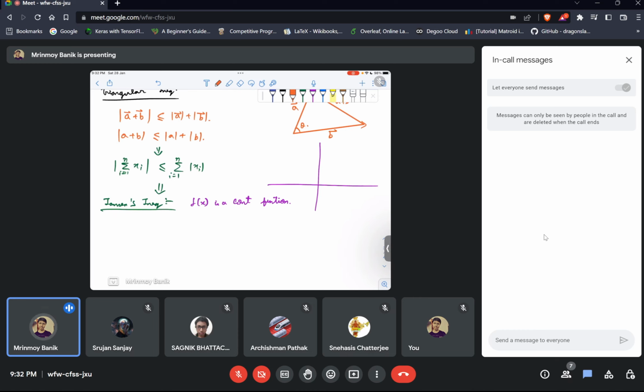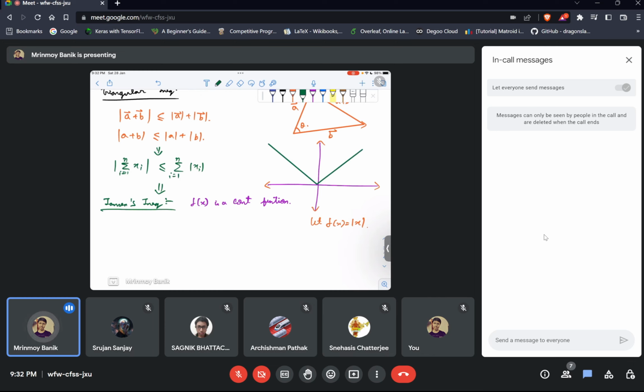If f(x) equals mod x, we know how the graph of y equals mod x looks like, right?